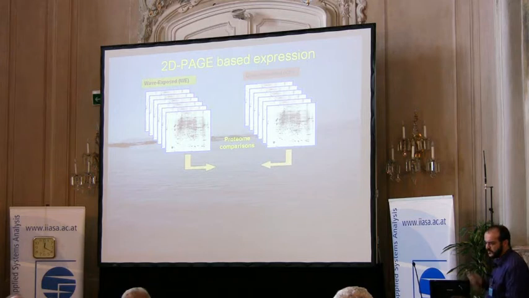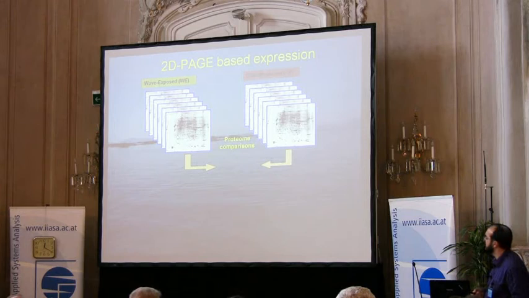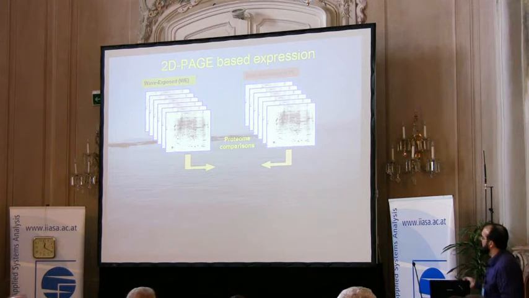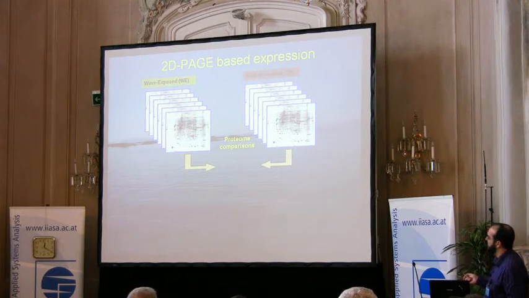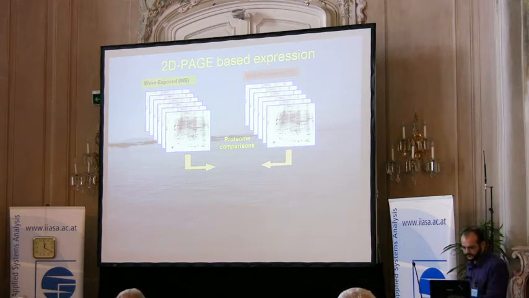So the technique that I will present today is a small version of the proteomics possibilities, called two-dimensional proteomic analysis by gel electrophoresis, which is based on the possibility to homogenize a tissue or an organism and separate the proteins by charge or mass and produce a two-dimensional map that can be used to compare different biological factors, like the two ecotypes, using within-treatment replication like in any classical experimental design.